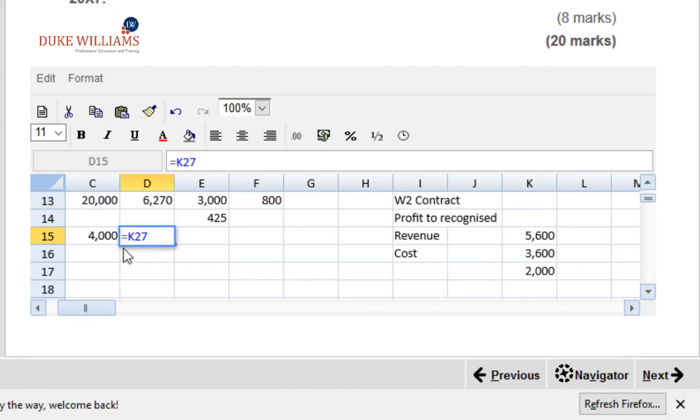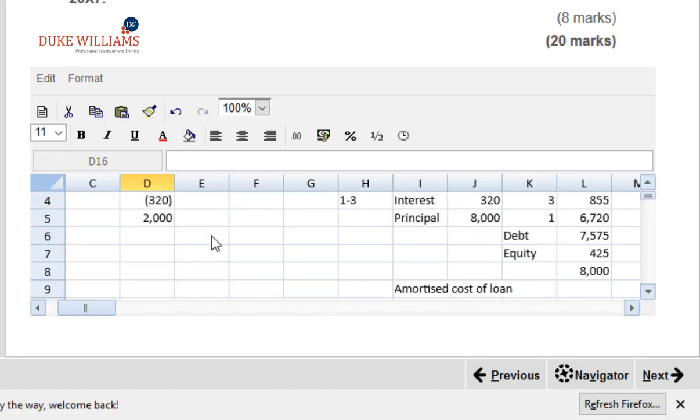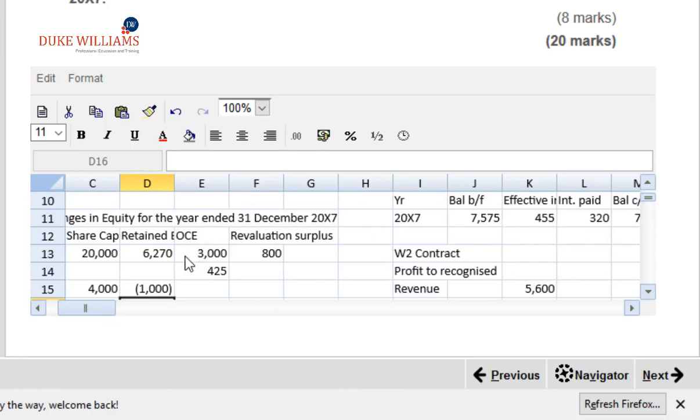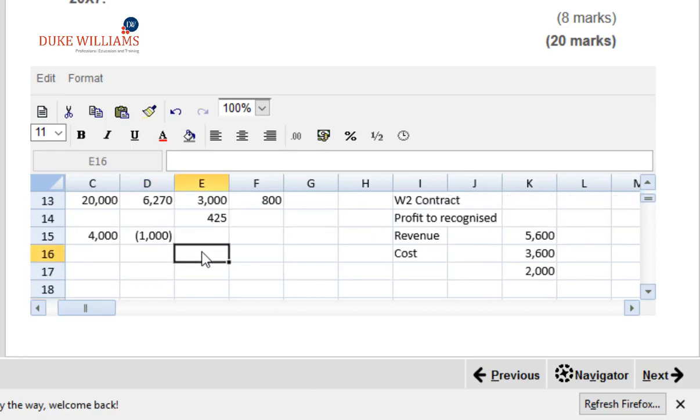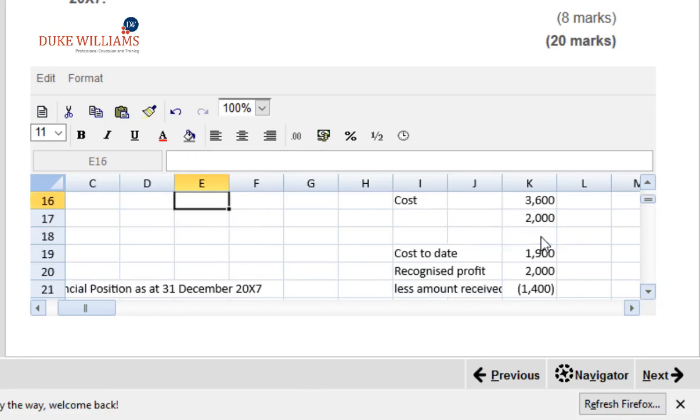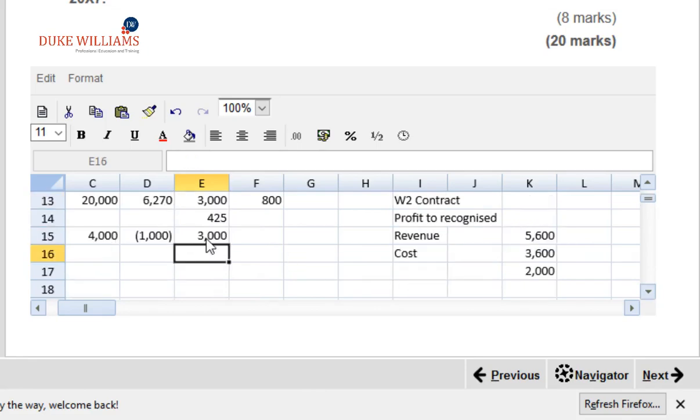Now don't forget, this is a deduction, so I'll put a negative there to reduce it. Then the other components of equity, which is the share premium, I'll have the 3,000 taken from it. This is looking good. So let's negate it. Minus. There we have it. So the reconcile. So the 4,000 has been split 1,000 and then 3,000.